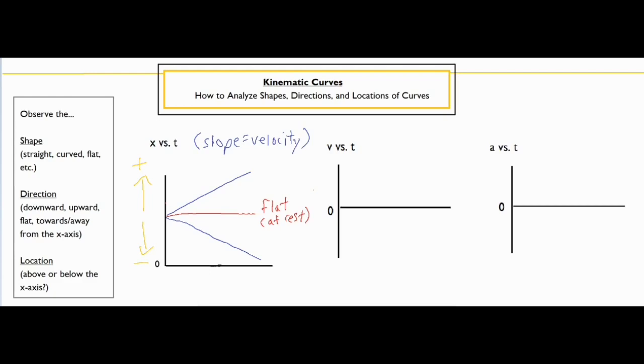So in any graph, the slope is telling you about the rate of change, and this is the rate that the position changes per time, which is the velocity. And then this is a constant slope, which means that it's moving at a constant velocity.